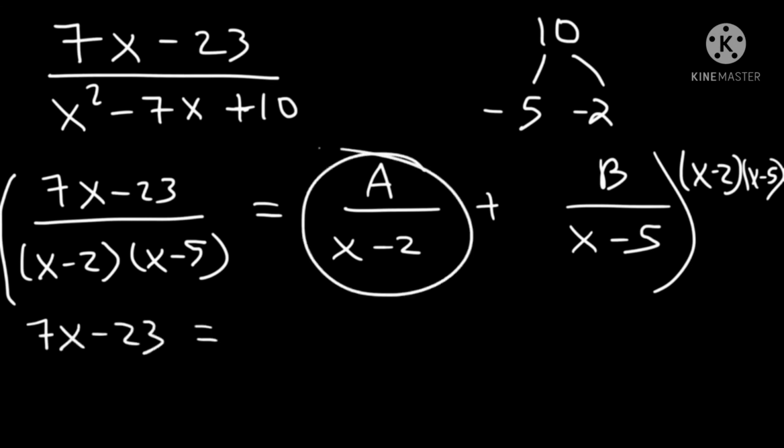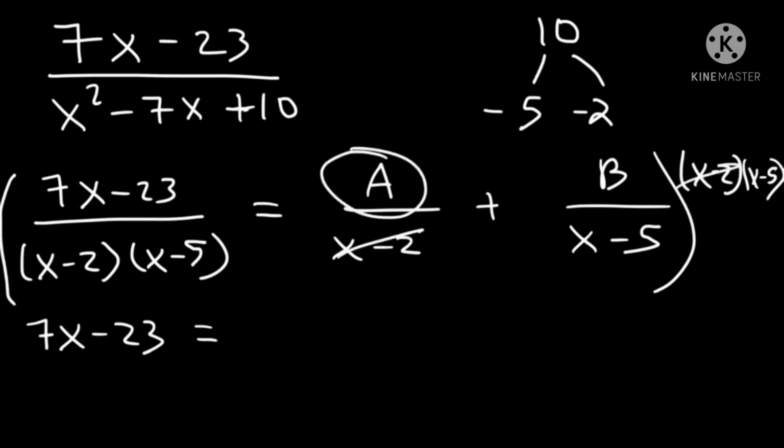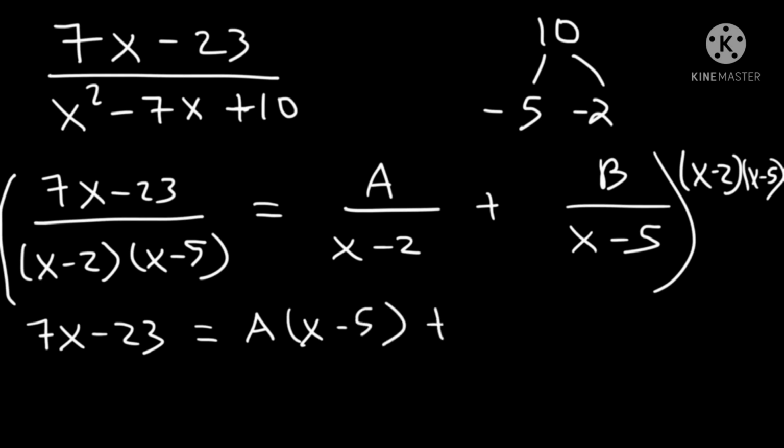Now, if I take this fraction and multiply it by what I have here, the x minus 2 terms will cancel, leaving behind a times x minus 5. Now, these two will cancel, and I'm going to be left with b times x minus 2.